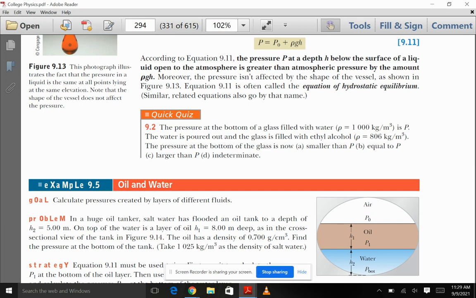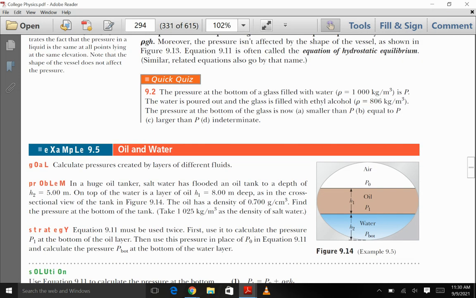Yeah, so now example 9.5. So oil and water, right? Basically what we are looking at in this question, remember we discussed last time that with regards to pressure, pressure increases with depth, right?